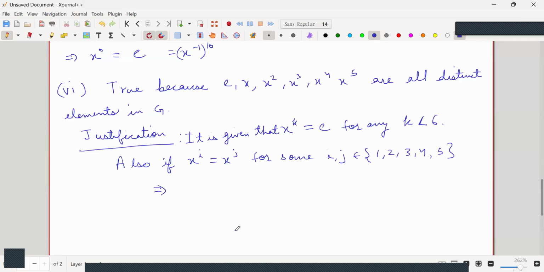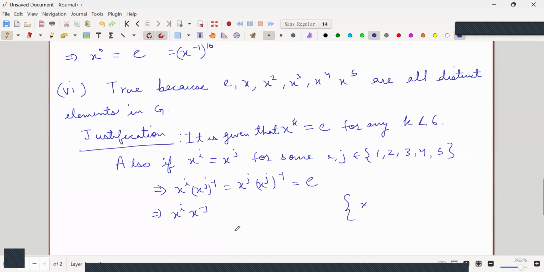Then this will imply x^i, and we can simply multiply by x^j inverse, this is identity, and this is x^i times x^(-j).